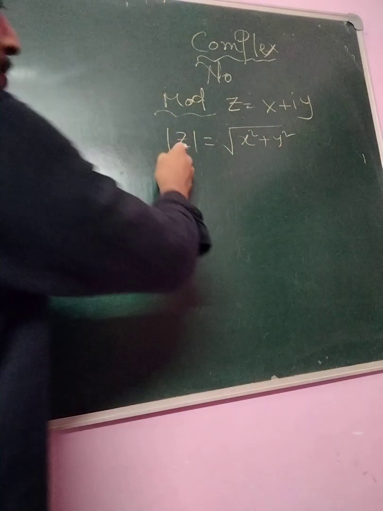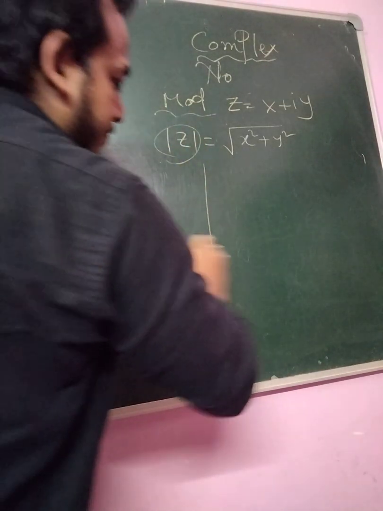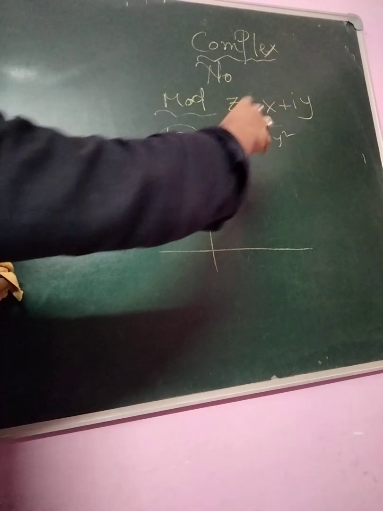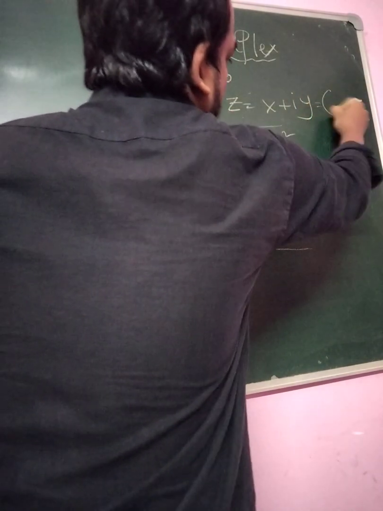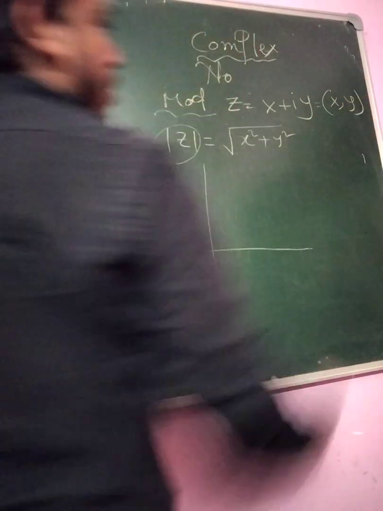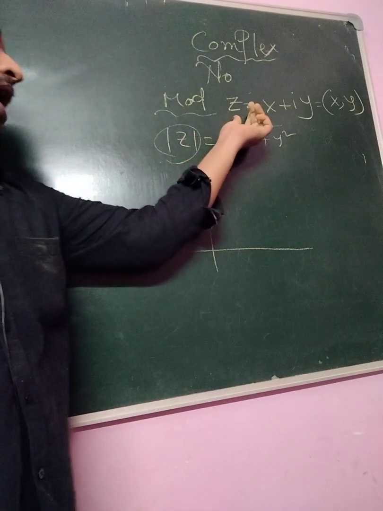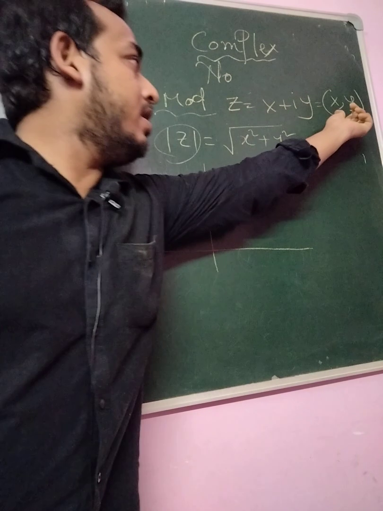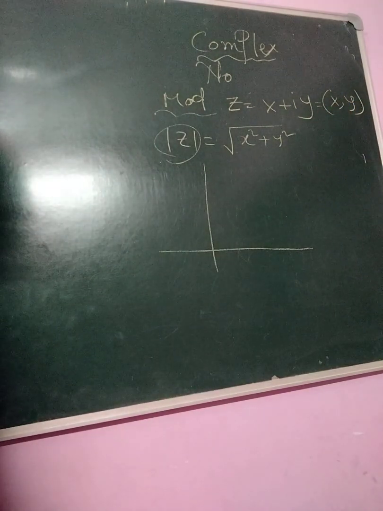So what is the geometric meaning of the modulus of Z? Suppose Z is x plus iota y; this complex number can be represented as the ordered pair x comma y.